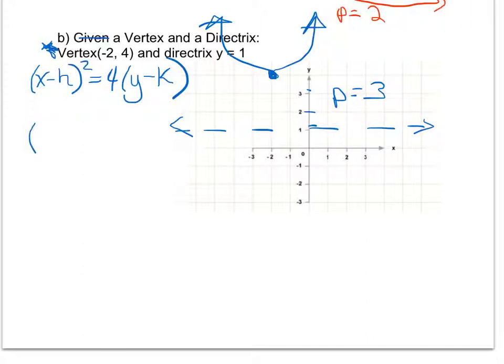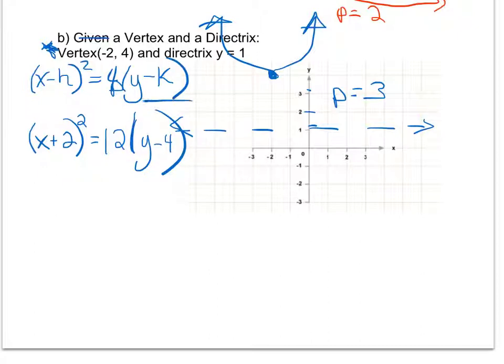And now just plugging in, I get x minus a minus 2, so plus 2 squared equals 4 times y. Excuse me, that's not supposed to be 4, that's 4p. So I'm going to fix that. So 4 times p is going to be 12 times y minus 4. And there's going to be my equation of my parabola in my vertex form.